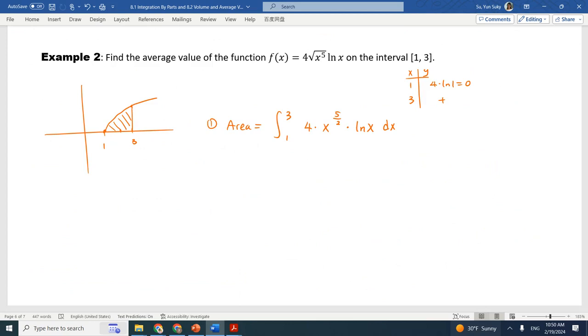So you can move the 4 outside and let this be u, and the remaining be dv. Okay, so try this problem at home. Next Wednesday, we're going to have an exam. But on Friday, we will go over this problem.